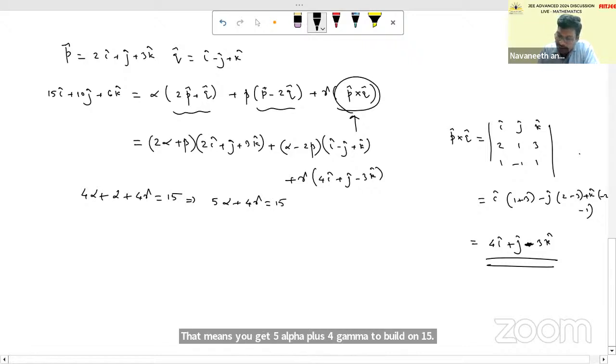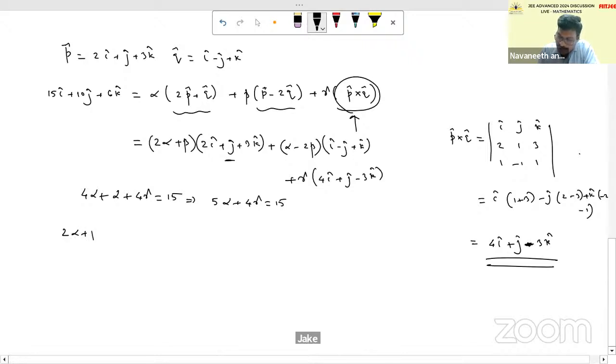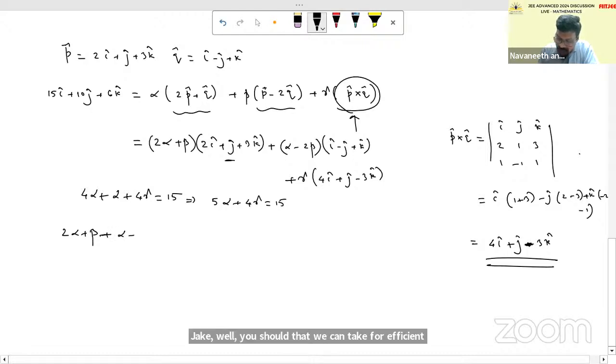If we equate the j coefficient, we get 2 alpha plus beta, plus minus alpha plus 2 beta, plus gamma, which gives you 10.